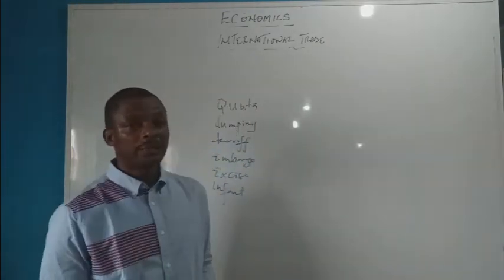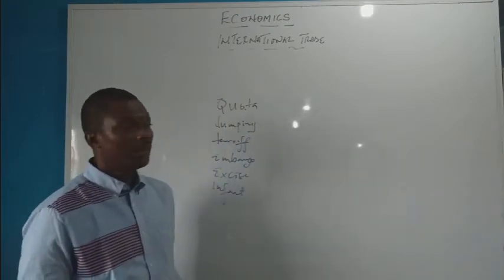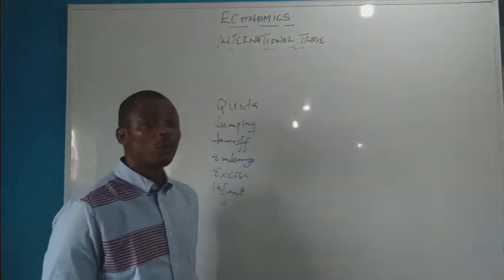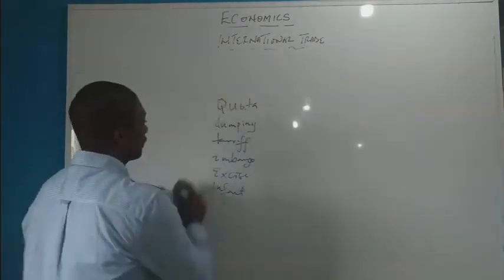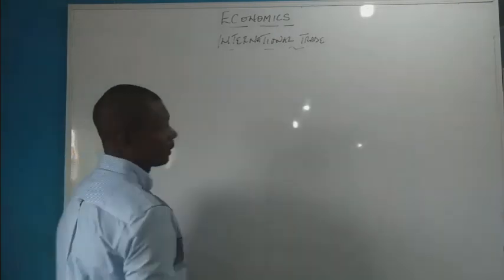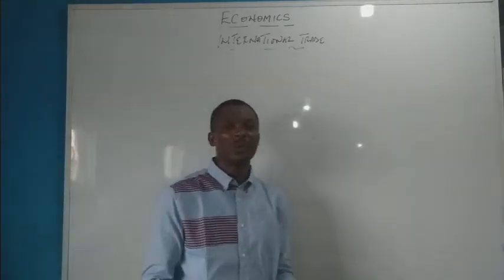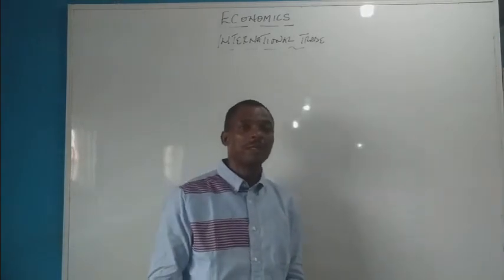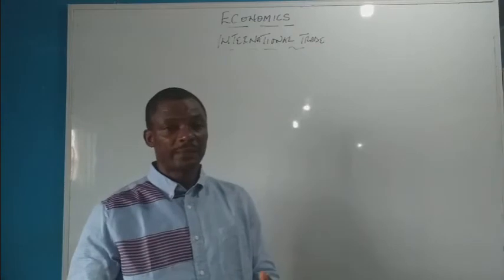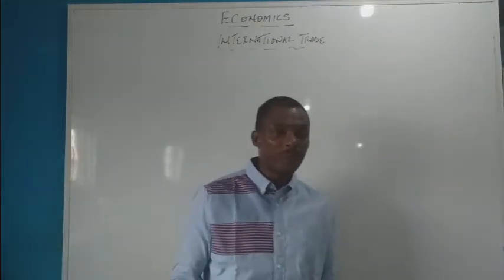Okay. Now the next thing you need to look at, and that is a disadvantage of international trade, is that one way or the other it has led to balance of payment deficit.